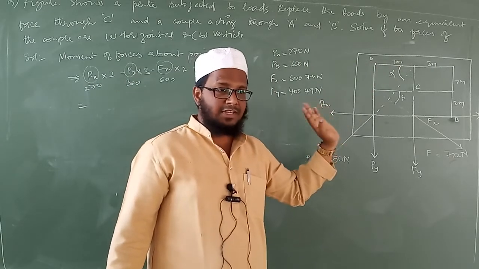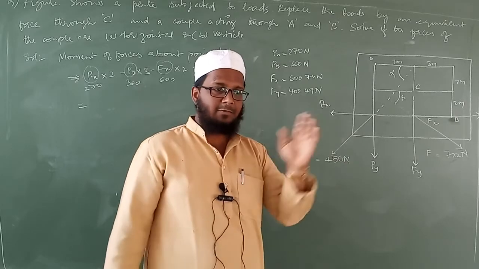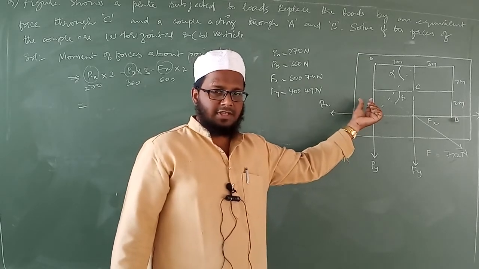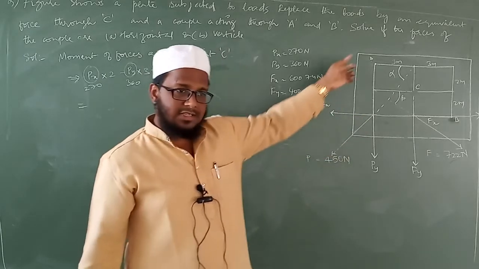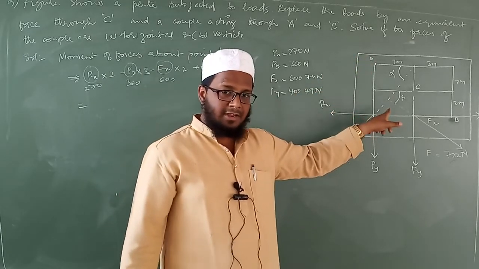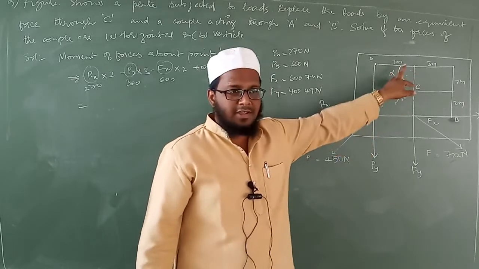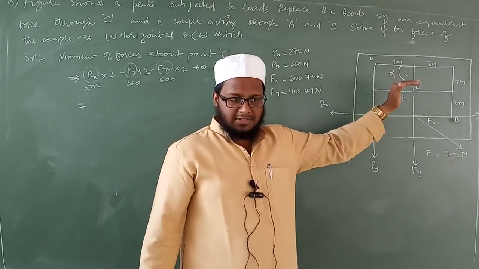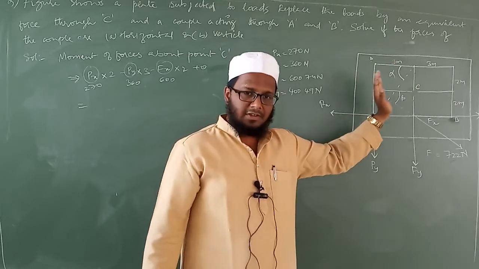That is why I have mentioned directions over there instead of providing minus. Clockwise and anti-clockwise we have taken up in the calculation part itself, whether clockwise positive, anti-clockwise negative.